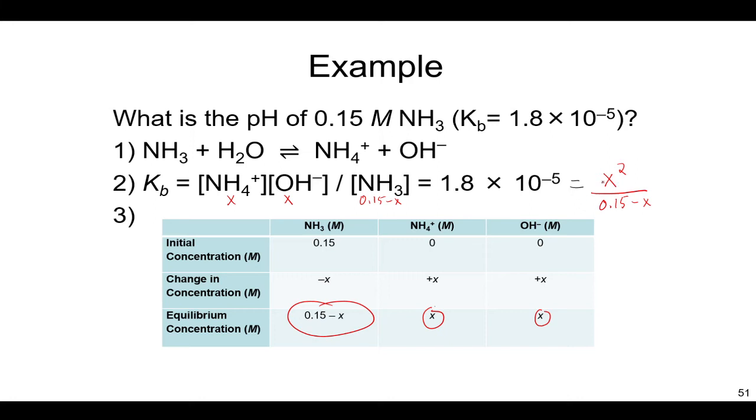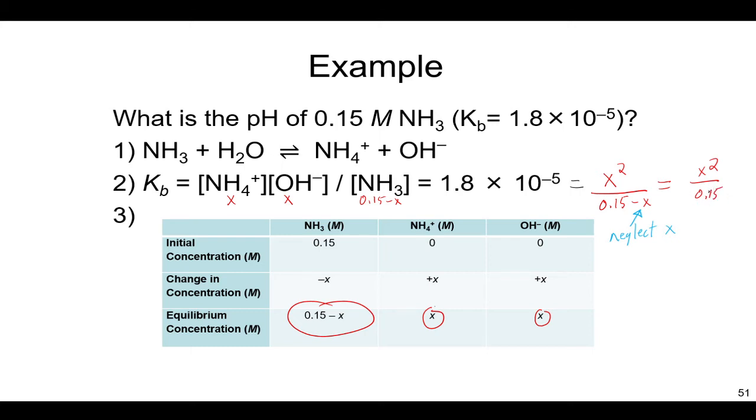And now I can rearrange this and solve with the quadratic formula, or I can remember this assumption I taught you in the previous video, that you can try to save a bunch of time, and you should, by neglecting this x. Just make sure you check the assumption later, which we will. So if we neglect this x, this equation simplifies to just x squared over 0.15, and now I don't have to get the quadratic formula involved.